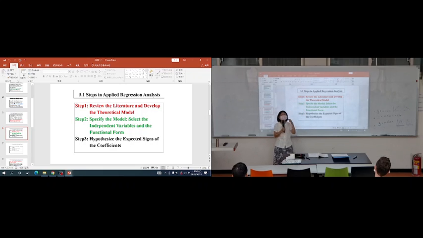We have already reviewed the literature and specified the model, and we already have the x variables. Then you hypothesize the relationship between x and y, collect the data, do the estimation, evaluate, and say something about the result.